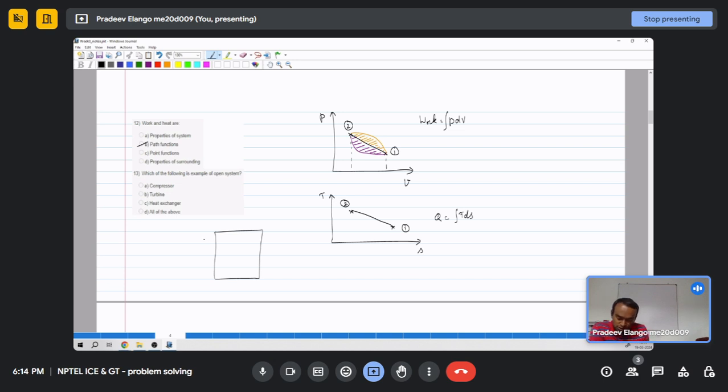So an open thermodynamic system is where you have some mass transfer, heat transfer, work transfer, everything can happen. So this is an open system.